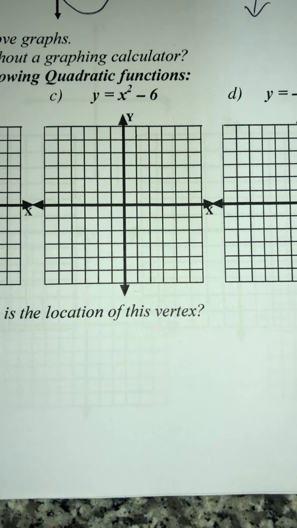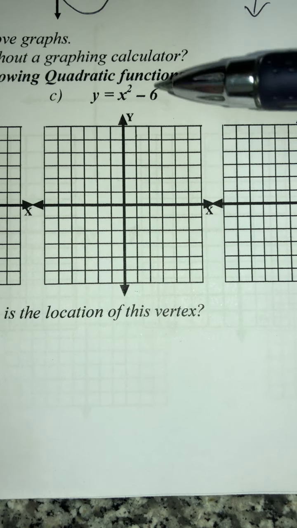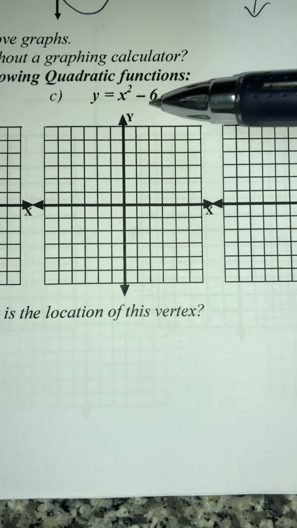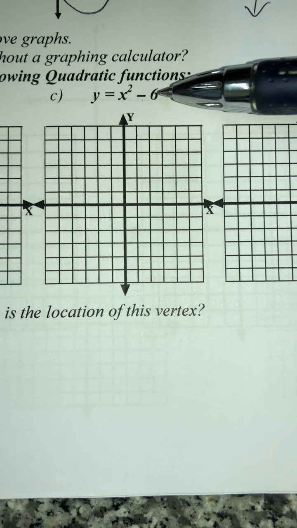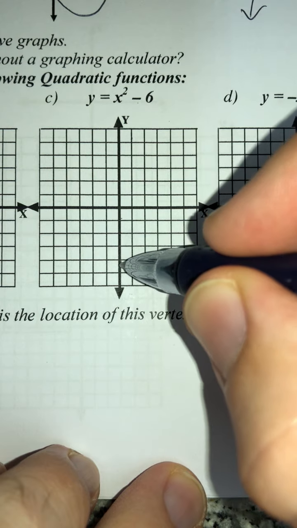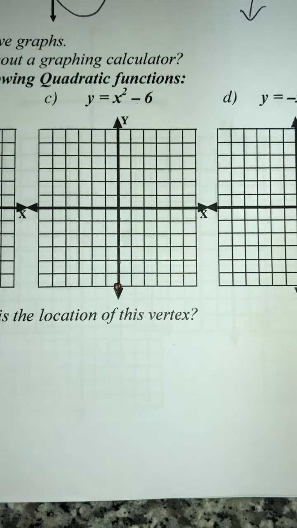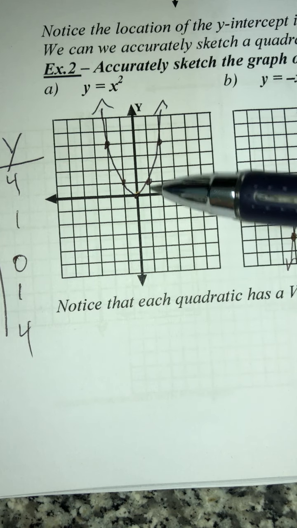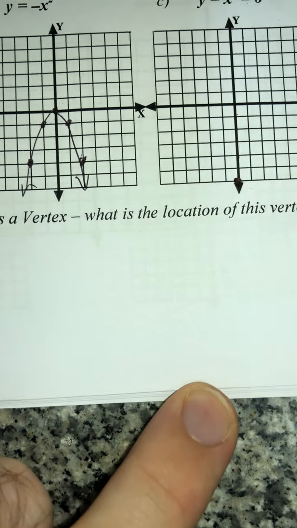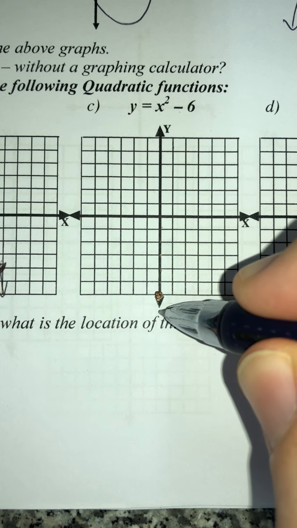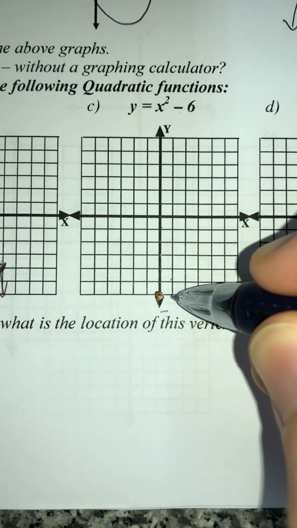Let's try x squared minus 6. So all I do is take my x squared, and when I minus 6, I'm going to make the y value 6 less than that. So I'm going to start at -1, 2, 3, 4, 5, 6. Here's my vertex. Again, I'm just taking these points, shifting them down 6. So I'd get 0, -6 here. Then I'm going to move across 1 to get to here, up 1.